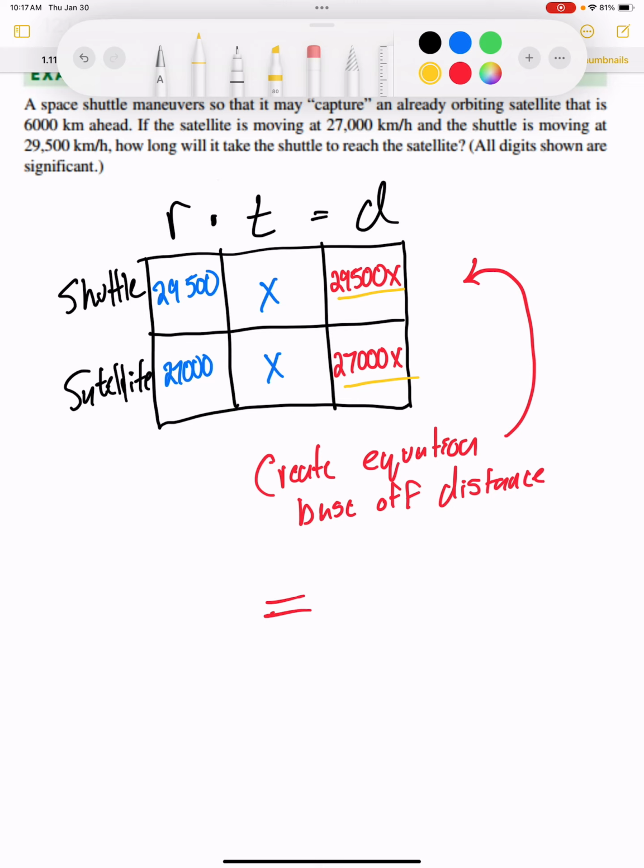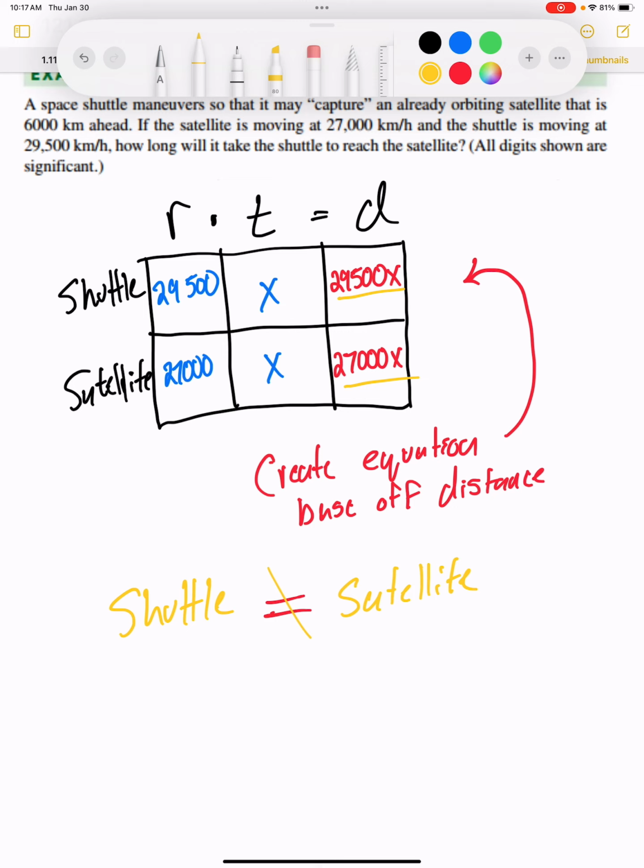And at this point, is the shuttle's distance equal to the satellite's distance? Well, no, because the shuttle is trying to catch up to the satellite. So right now, they are not equal, right? If they were, they would be in the same spot. But the satellite is ahead, right? The satellite is 6,000 kilometers ahead.